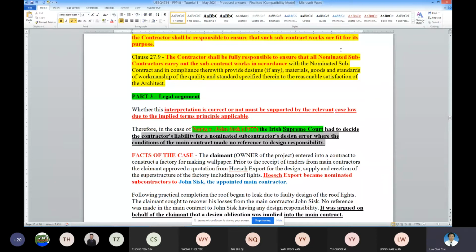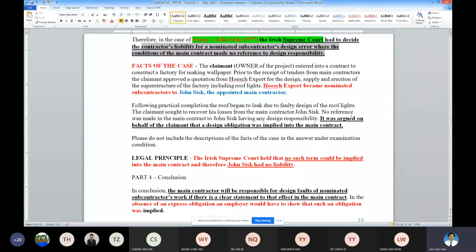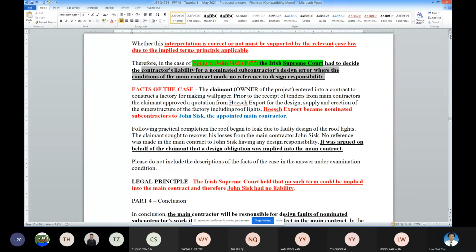The contractor shall not be responsible. See here? It tells you exactly that the contractor is not responsible. Same case here, no design, that means no responsibility. So whether it's correct or not, still the judge has to look into the implied term. Okay, so also look into the implied term under the contract.